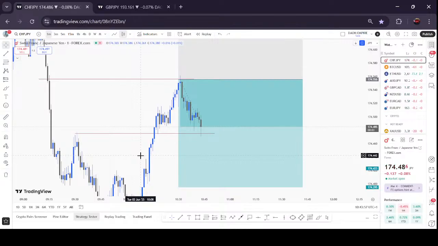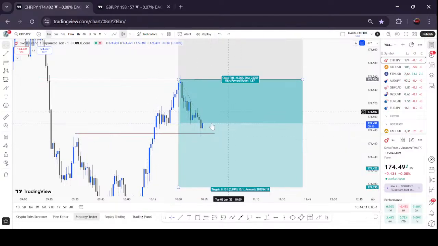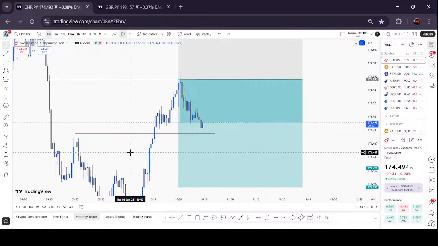Nice one. Then I will be adding another position because this level has been taken. I'll be adding another position to my current position right now.